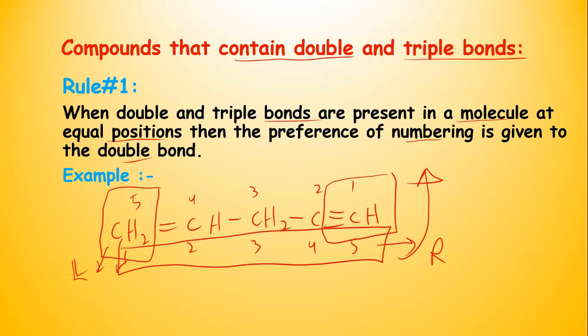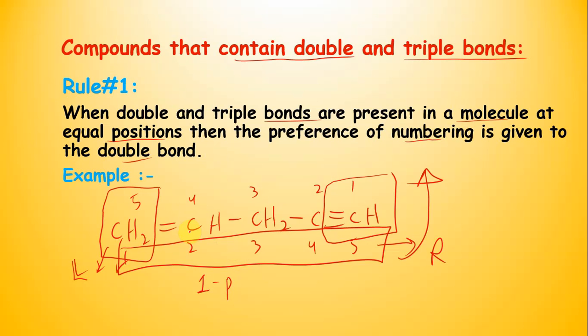So this is rule number 1. And how will we give the name to this compound? At the first position a double covalent bond is present, so we will start the numbering from the alkene, not from the alkyne.